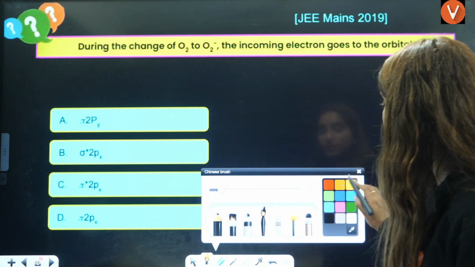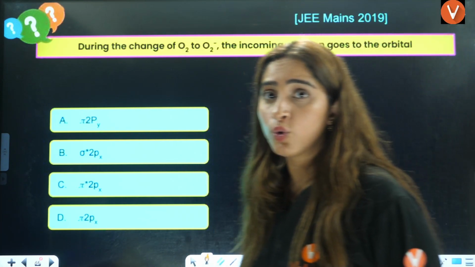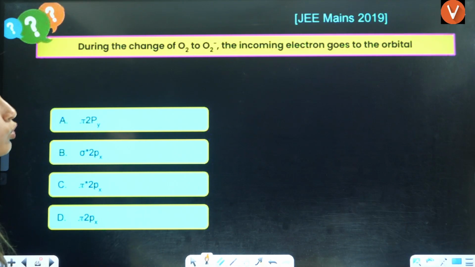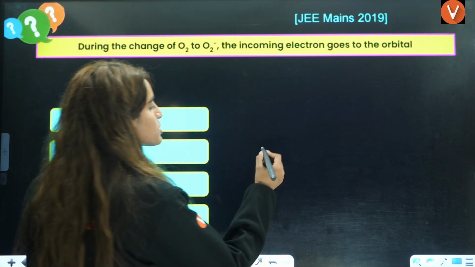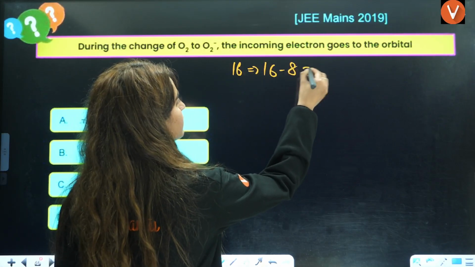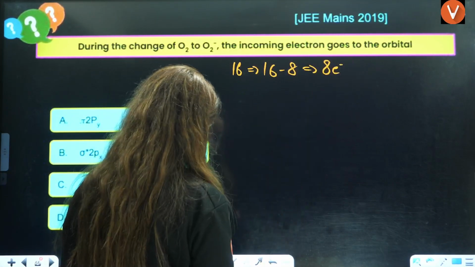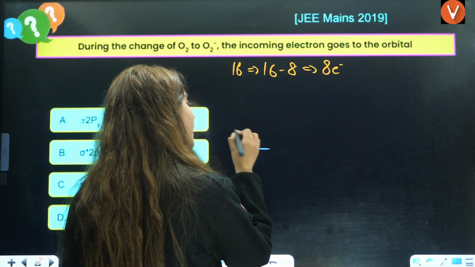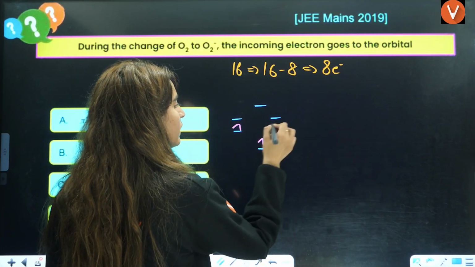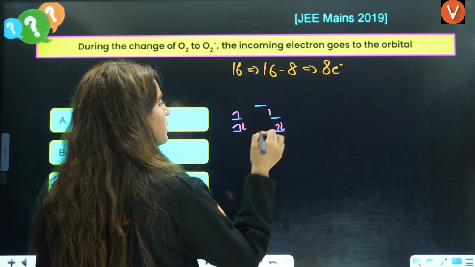During the change of O2 to O2 2 negative, we have just done that. O2 to O2 2 negative, O2 negative. The incoming electrons go to which orbital? O2 is 16 electrons. 16 minus 8, that is nothing but 8 electrons you have to fill, right? 1, 2, 2, 1, 8 electrons you fill: 1, 2, 3, 4, 5, 6, 7, 8.